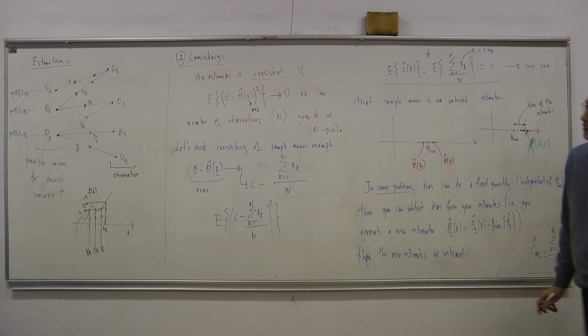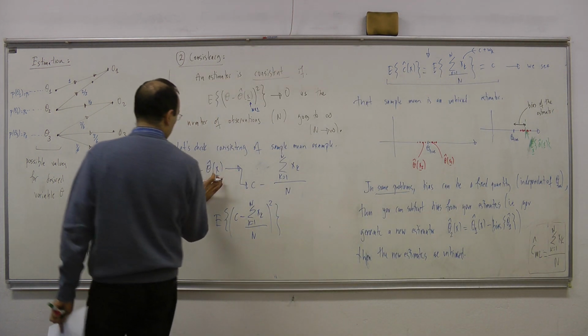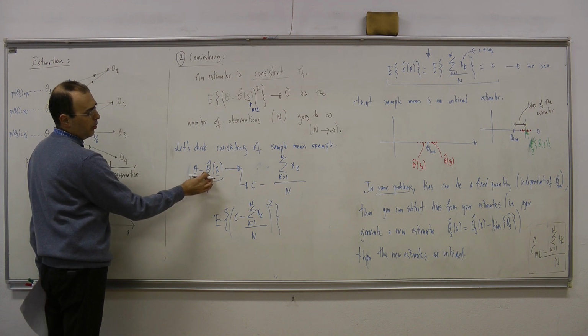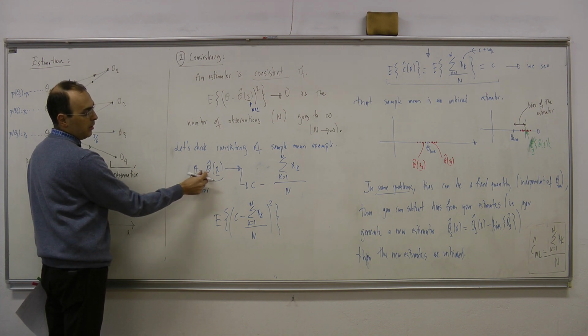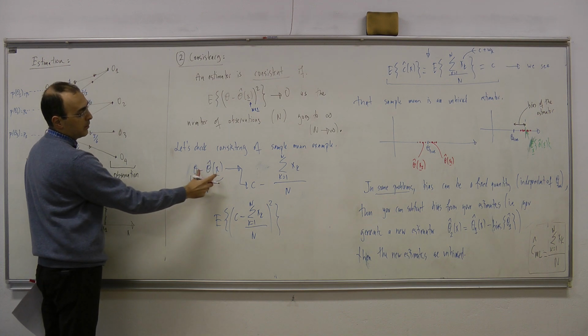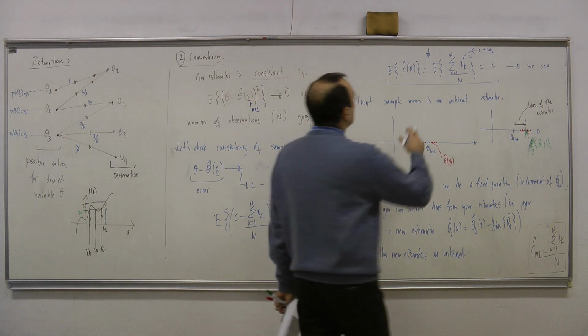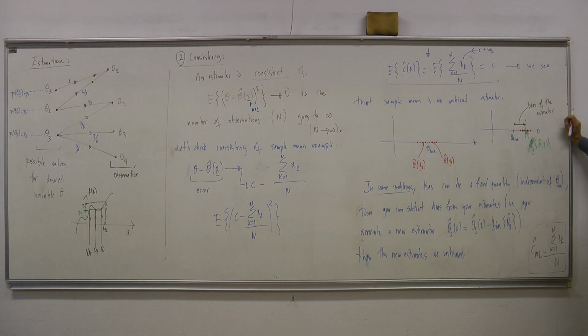Previously, when this estimation error has 0 mean, what does it mean? Expected value of theta is equal to the expected value of theta hat. This is the unbiasedness condition.